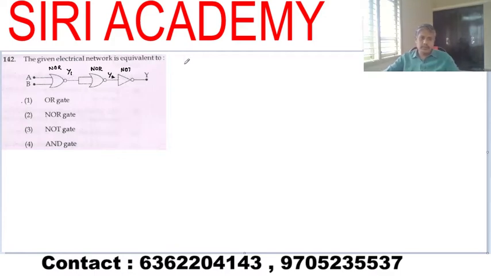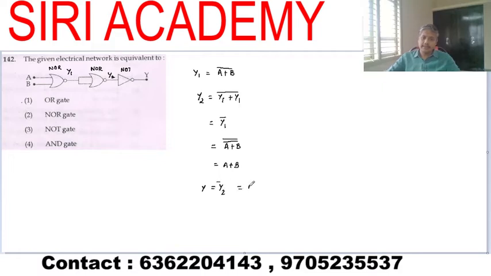So Y1 is equal to (A or B) complement. Y2 is equal to (Y1 or Y1) complement, that is equal to Y1 complement, that is equal to ((A or B) whole complement) complement, that is again A or B. Now Y is equal to Y2 complement, that is equal to (A or B) complement.